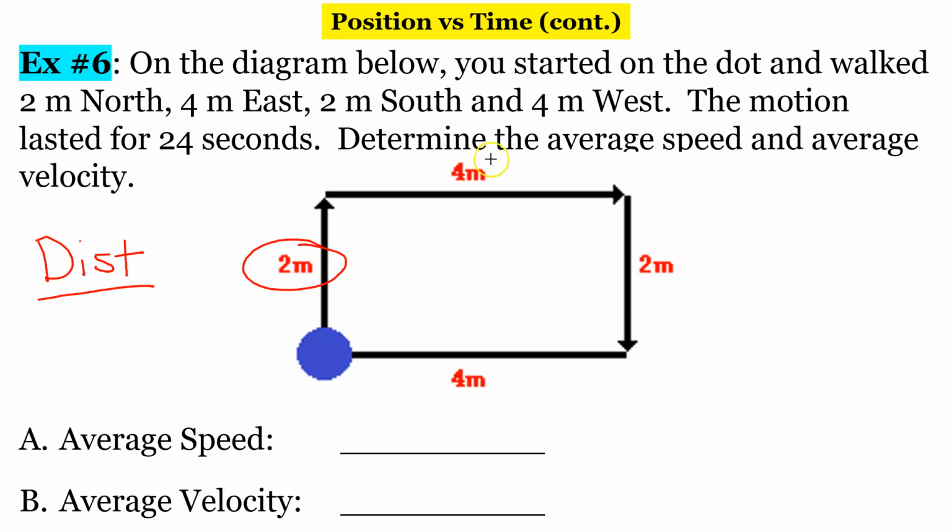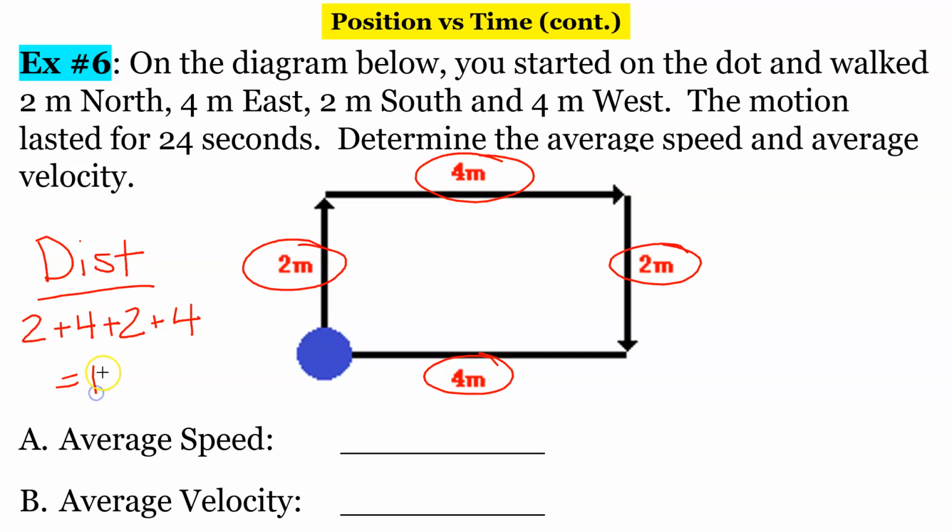So we covered 2 meters here, 4 meters here, another 2 meters here, and finally another 4 meters here. So my total distance is 12 meters. It says this took 24 seconds.